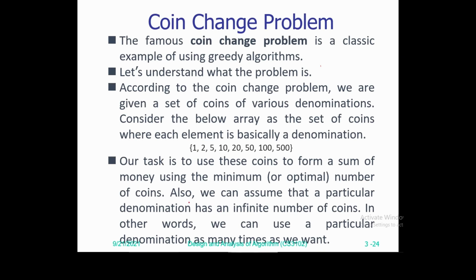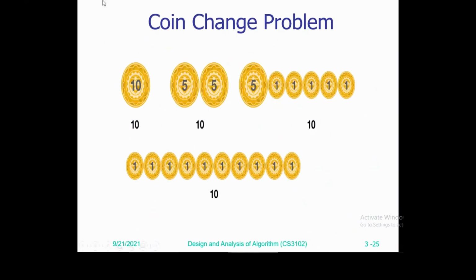Okay. So let's see how the whole operation will take place. Like, we want to make a sum of 10, and we can have several possible combinations. We can use a coin of 10 rupees, then we can make a sum of 10. We can use 2 coins of 5 rupees each.